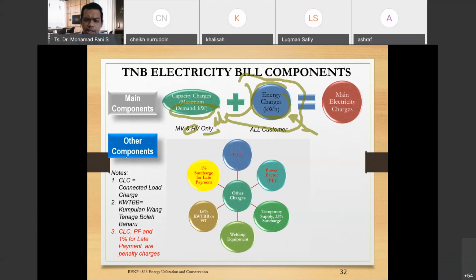For the other charges: CLC, connected load charge, power factor charge for the penalty, and temporary supply where the equipment is used. This is the common one, KWTBB, the renewable energy fund, since 2010 I think, or 2005. Okay, 1% charge for late payment.